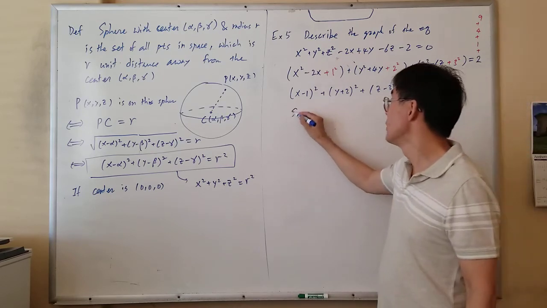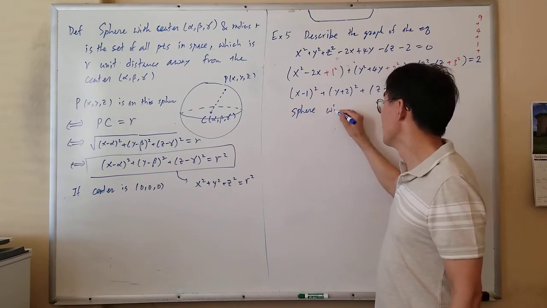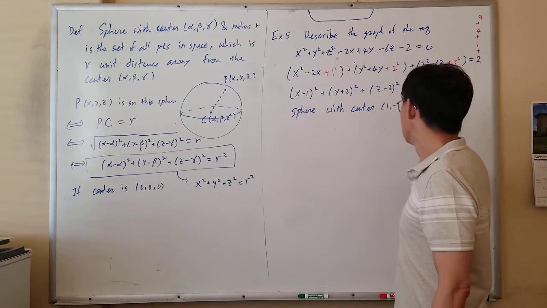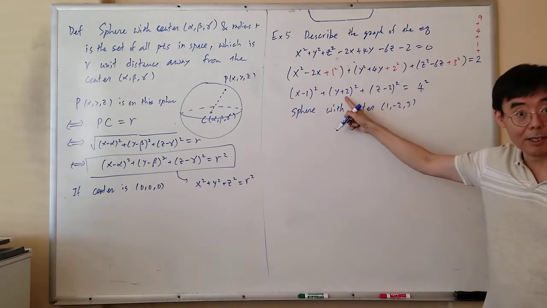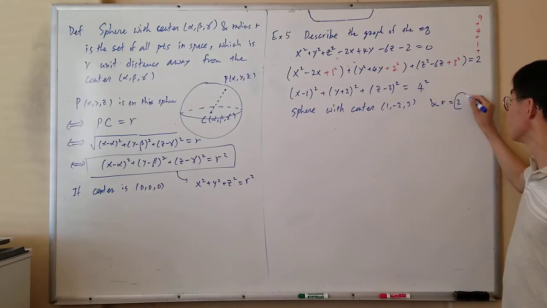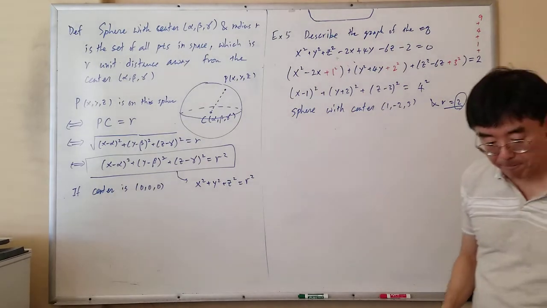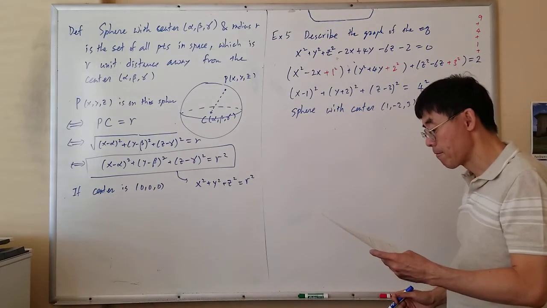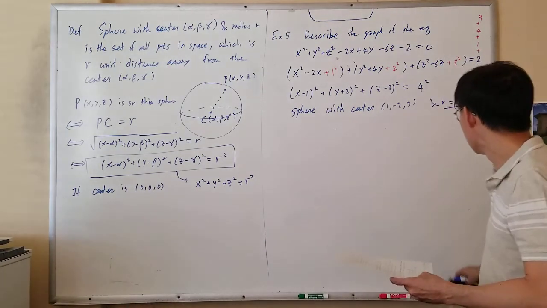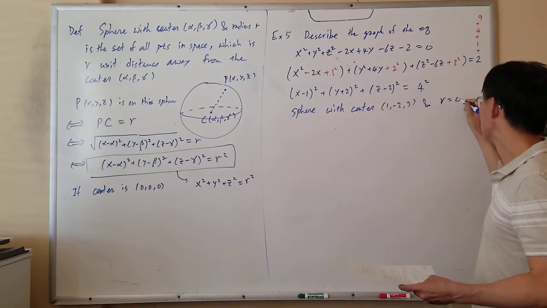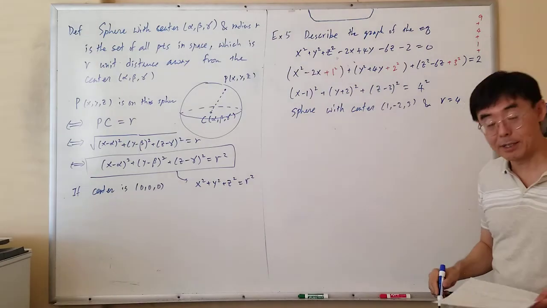So it is a sphere with center 1, -2, 3, and radius equals, did I say 2? I'm sorry, 4. I already wrote it as 4 squared.